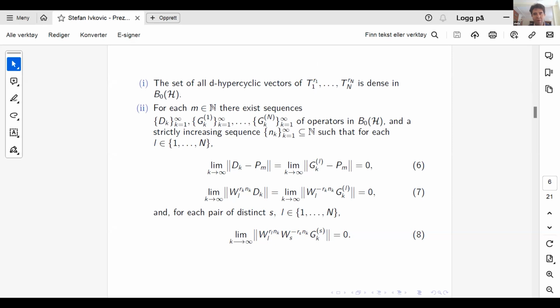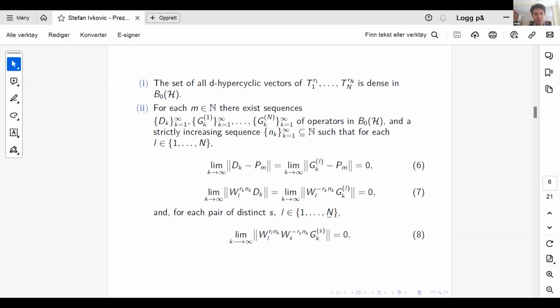For each m, there exist sequences of operators in B_0(H) and a strictly increasing sequence of natural numbers, such that for each l between 1 and n, these limits should hold.